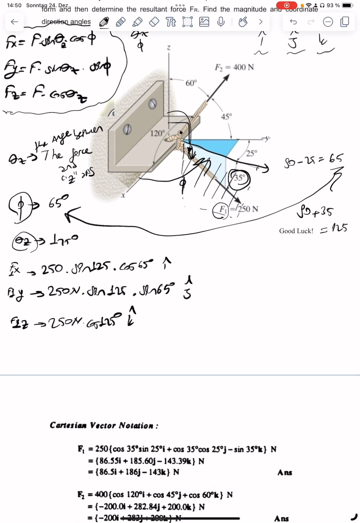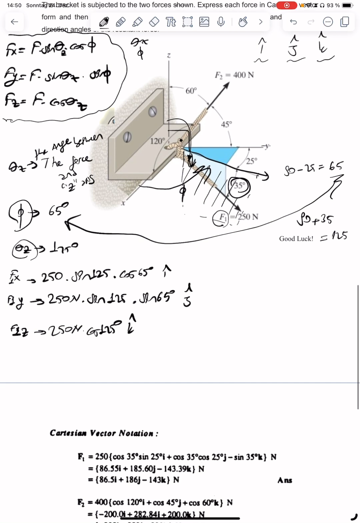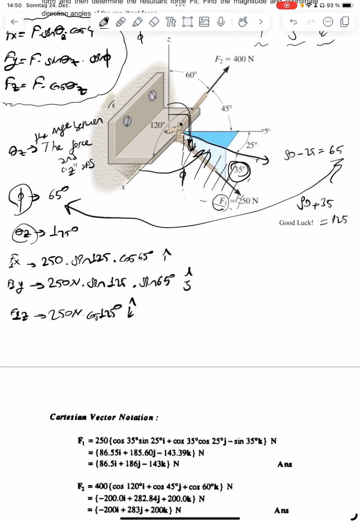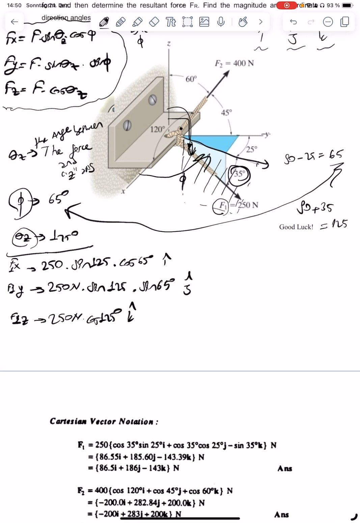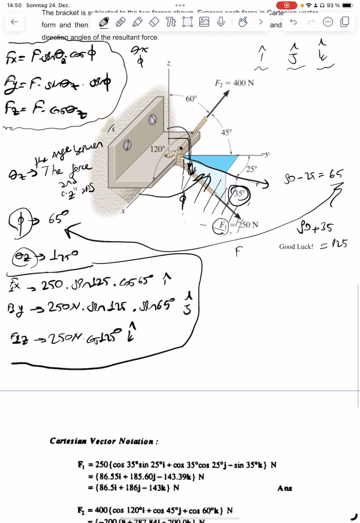I started with F2 because it is the easiest one, because we know all of the angles to the axes. We can find F2's components with classical cosine formulas.